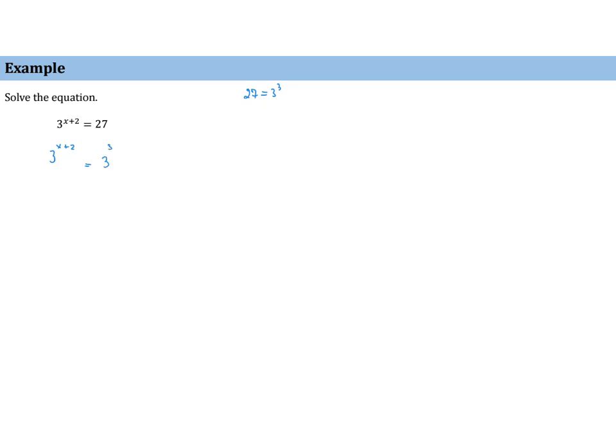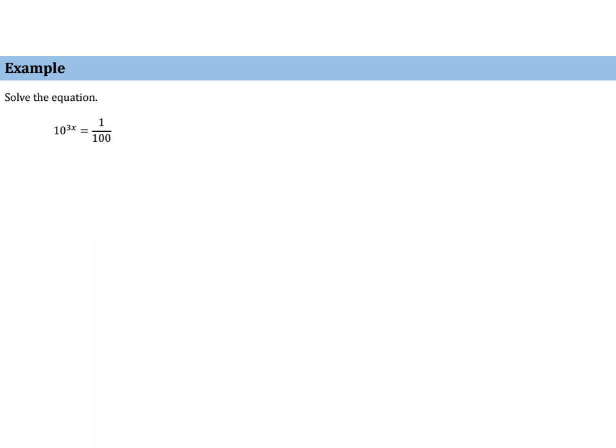Now we have two exponentials that are the same, and they have the same base, so the exponents must be equal. So x plus 2 must equal 3. So x must equal 1. We can substitute that back in to verify. 3 raised to the 1 plus 2 would be 3 to the third, which is 27.